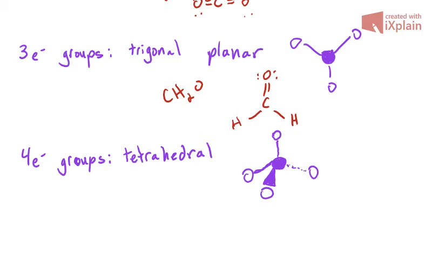So these 3 would be the ones that are in the plane of the board. This one in the back is the dotted line, and this one is the one coming forward towards you guys. Does that make sense?